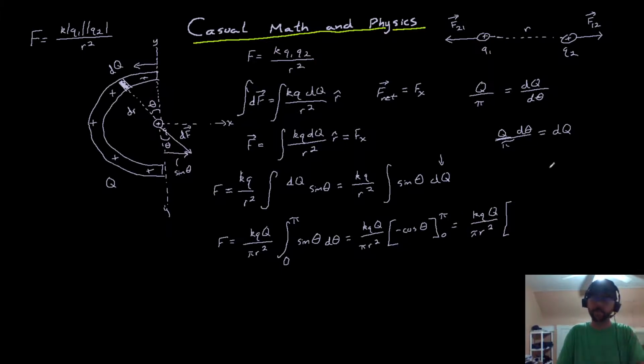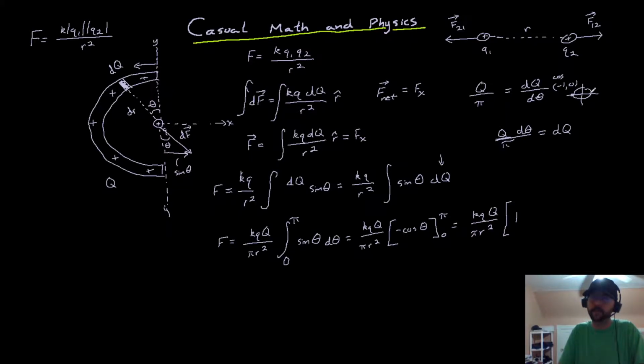so what's cosine of pi? If we draw our unit circle right here, because that's the way I like to do it, pi is this angle here, which is the point -1, 0. Cosine is the x value, so cosine of pi is -1. We're going to take the negative of that, so we get +1. Now we plug in 0.